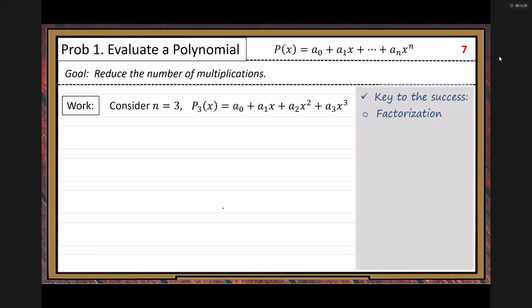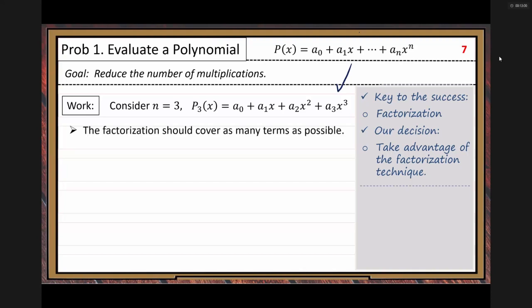It changes the order of basic operations, additions and multiplications. Our decision here is that we want to take advantage of this factorization technique. How do we apply it for this new case, the cubic polynomial case?